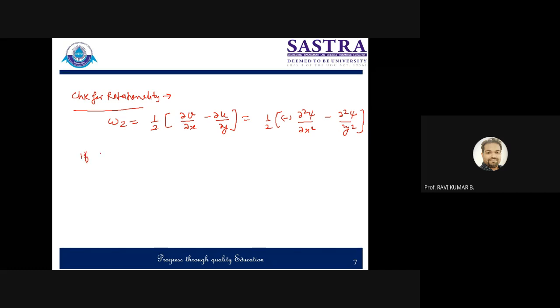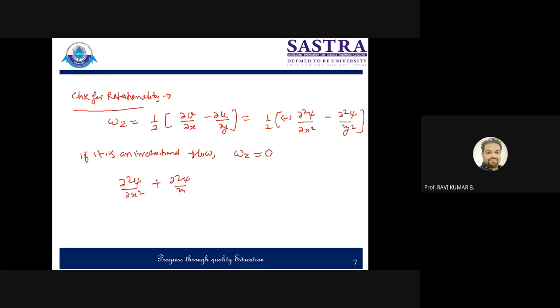Now, if I say that it is an irrotational flow, then this ωz should be equal to 0. Clear or not? So you will get only one equation: ∂²ψ/∂x² + ∂²ψ/∂y² = 0.